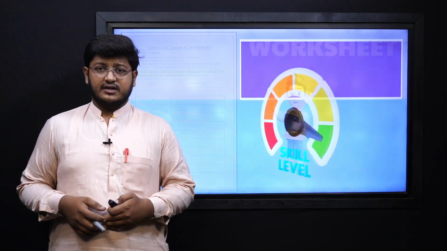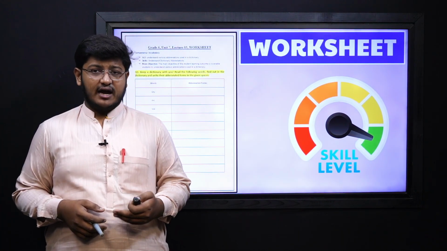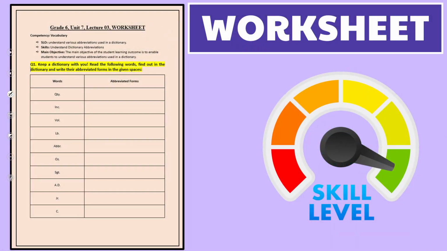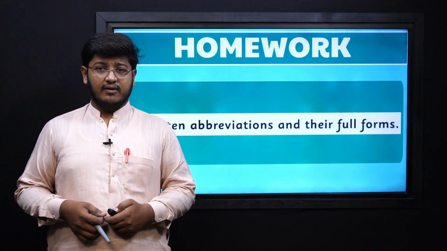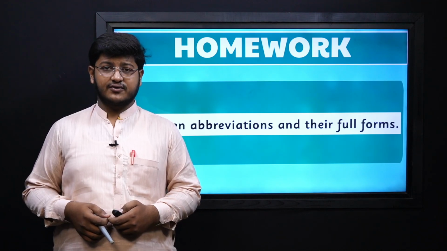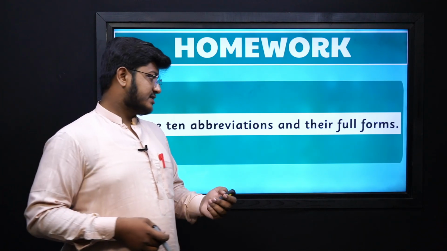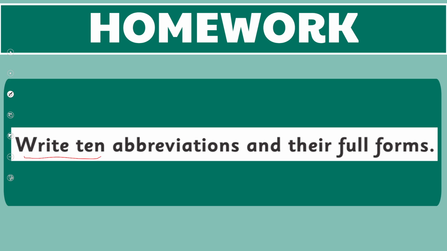Let's go further. We have a worksheet. You have to attempt this worksheet. This worksheet is in front of you. Here you have to write the full forms of the abbreviated words. Let's go further. We have homework. What do you have to do in the homework? Write 10 abbreviations and their full forms.